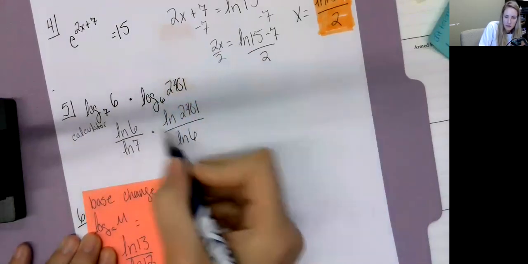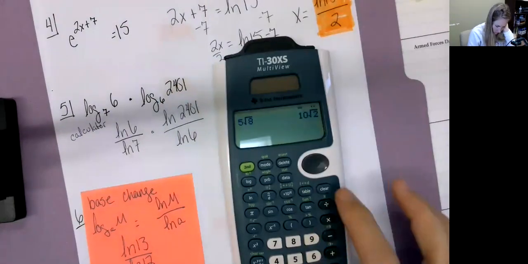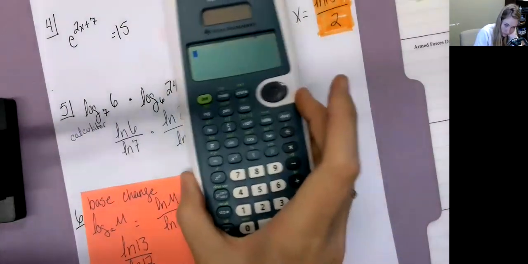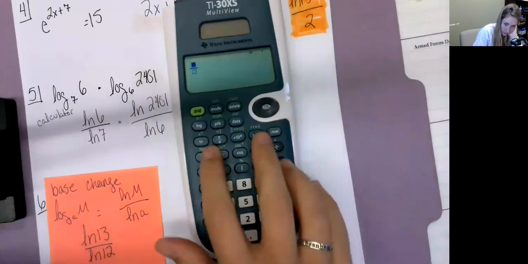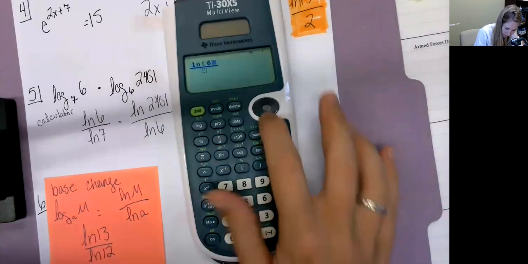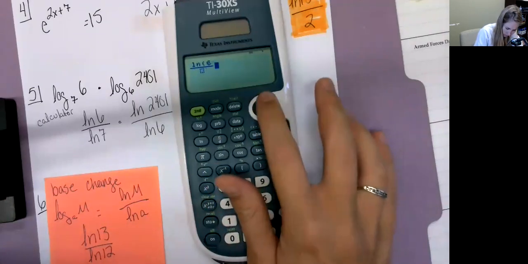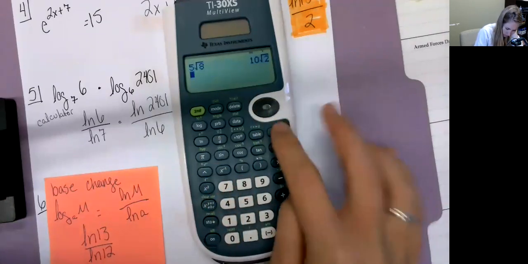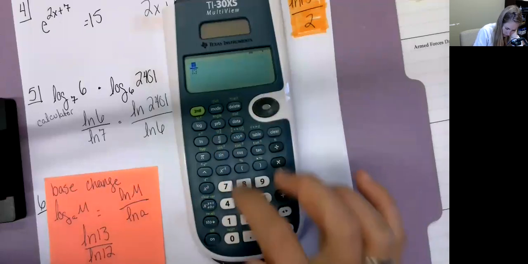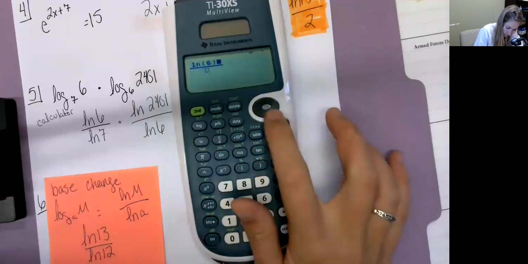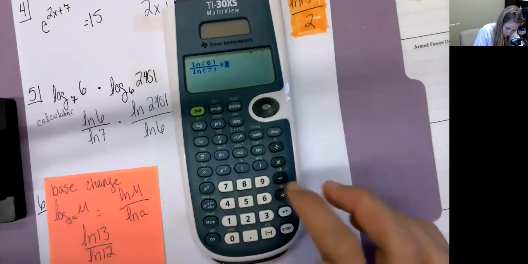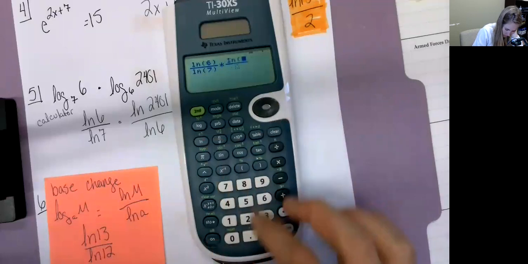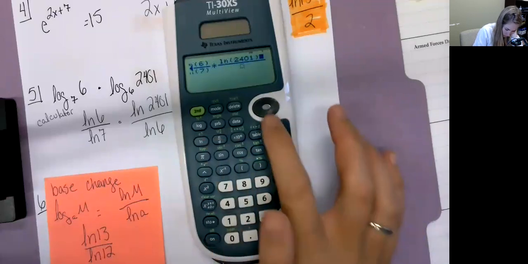And if you notice on this, these are going to end up canceling out anyway. But you're going to have fraction, natural log of 6, close that parenthesis. Natural log of 7, close that parenthesis, times fraction, natural log of 2401, close.